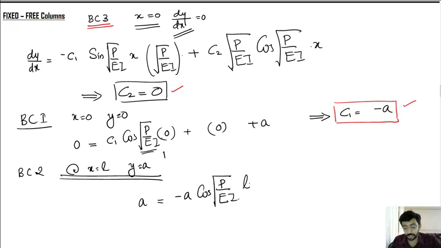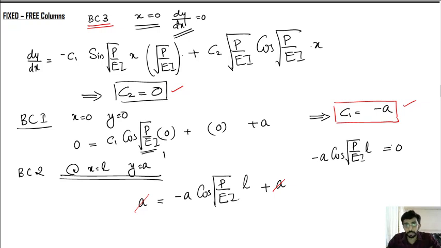The value of x is L and y is a. Since c2 has become 0, that term is not there, and c1 has taken the value of minus a, so the first term is written like this, with y equal to a at x equal to L. If we strike out the common factors, a will get cancelled out and we get minus a cos of root of p by ei into L equal to 0.